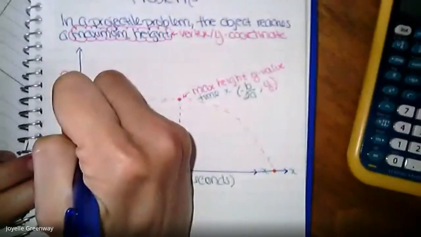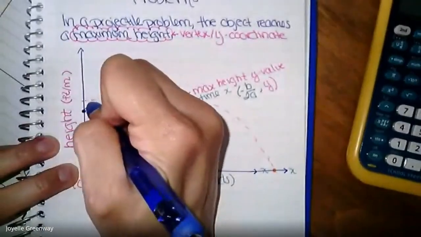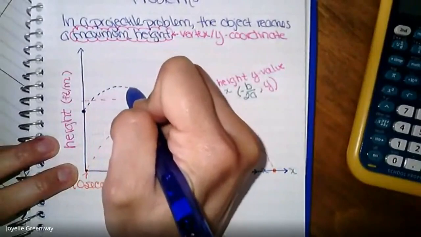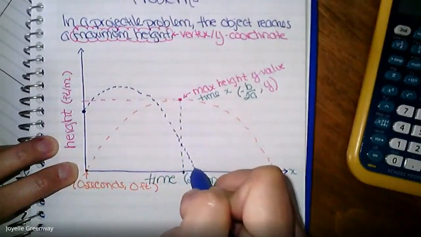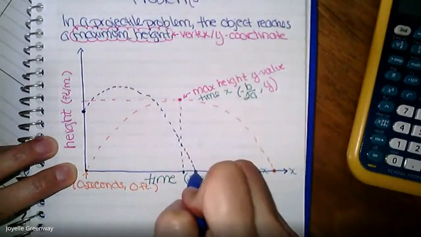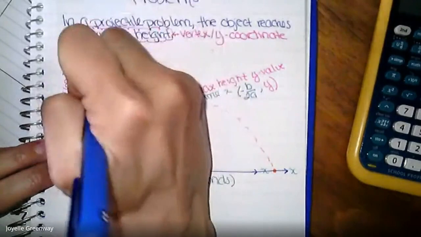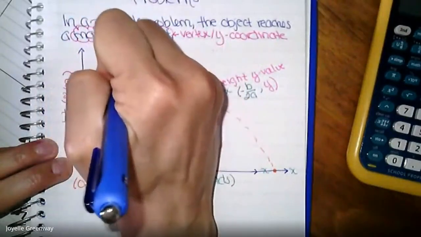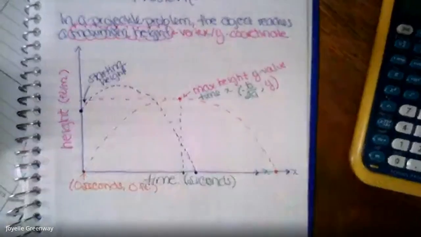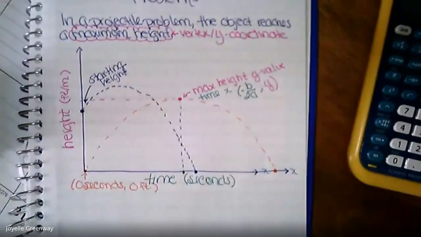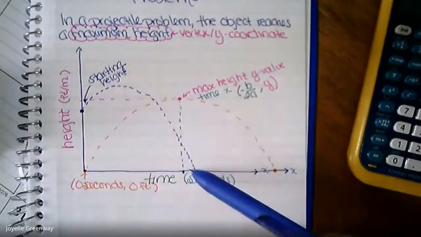So if you have a starting height and then you throw something, here is your starting height. Now your parabola looks something like this.